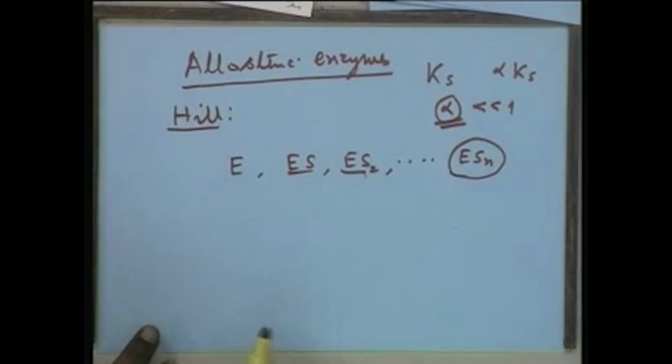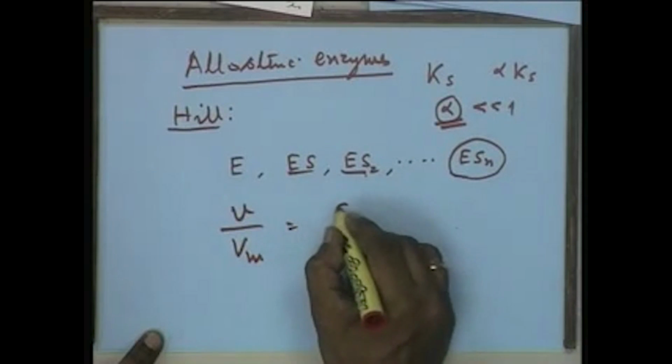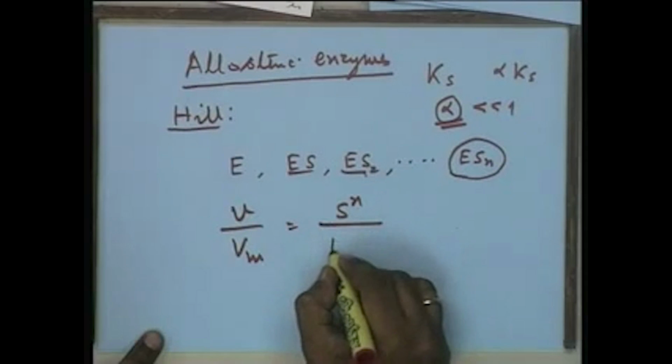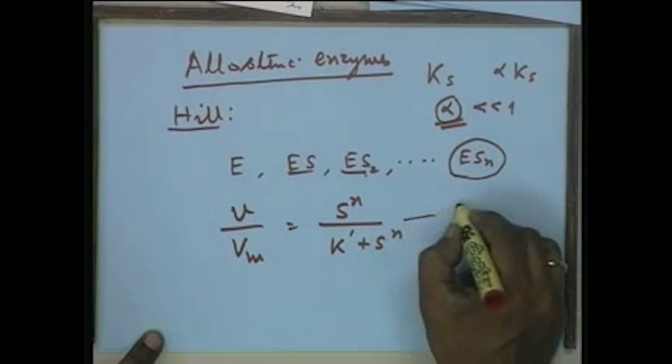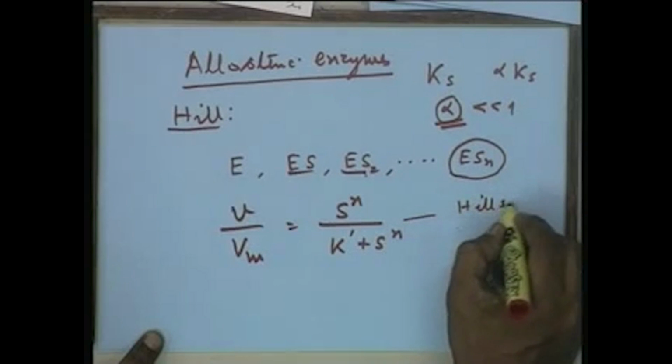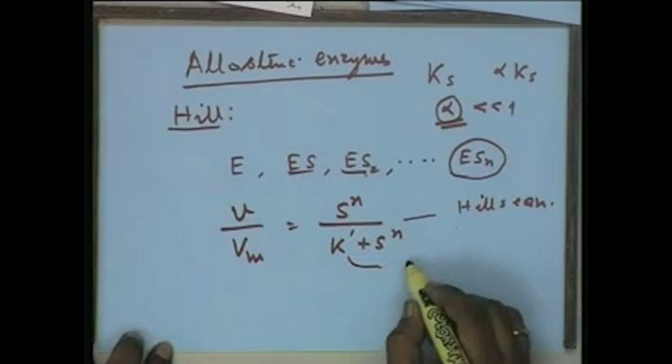Based on that assumption, he gave a rate expression which is v upon Vmax equal to S to the power n upon K dash plus S to the power n. Now this is called your Hill's equation. Where n is the number of binding sites per enzyme molecule and K dash is the Hill's constant.